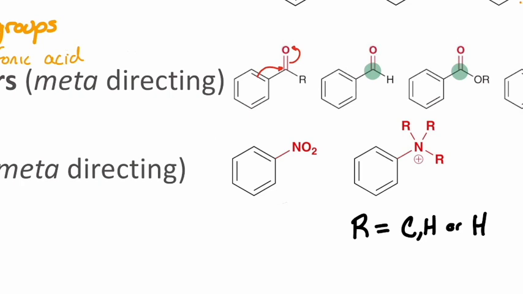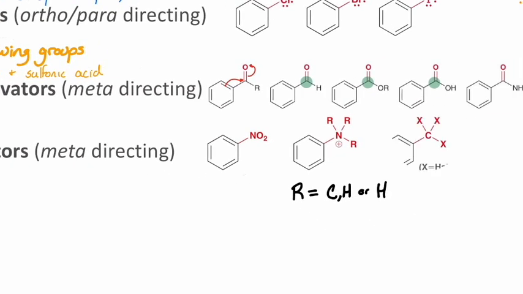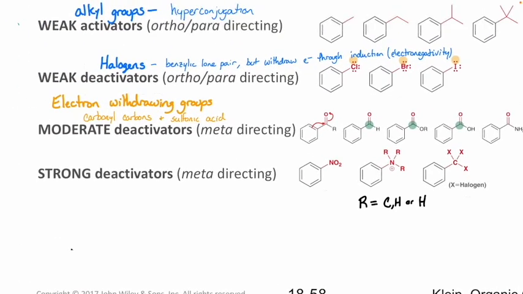But if you get it to where you have, so for example, if we take aniline and put it in acidic conditions, we would get this strong meta-directing group. Okay, and then the last one here is if you have a carbon that's fully substituted with halogens. Okay, and this one's also sort of going to be important to note. This last category, there's only 3 of them, but we just got to know them, right?